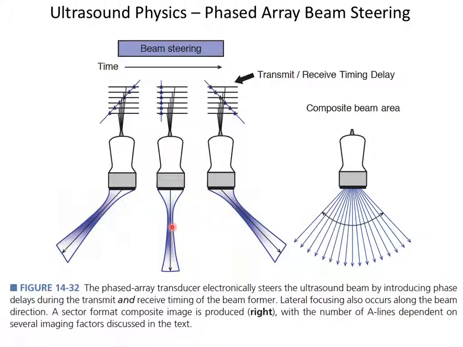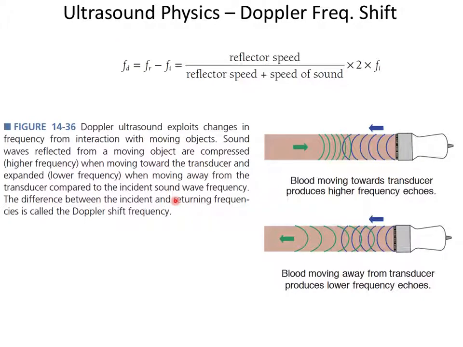And we can then adjust the phase of these to take that structure and point it to the left or point it to the right. Right? And so that we'll sweep back and forth to make that set of 2D pictures. Okay? And so this is the transmit timing delay required to do those sweepings.